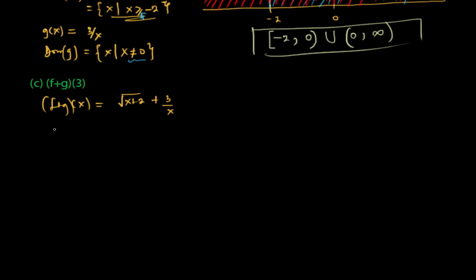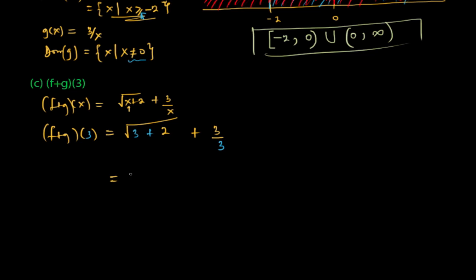So to find f plus g of 3, that's just going to be the root of, and anywhere we find x, we replace it with 3. So put 3 plus 2, then plus 3 divided by, so we have x here, we replace it with 3.